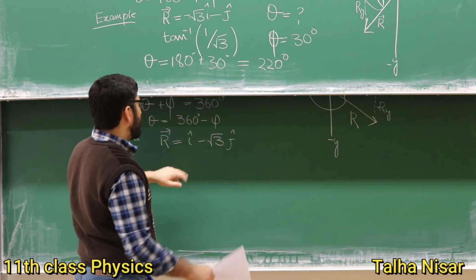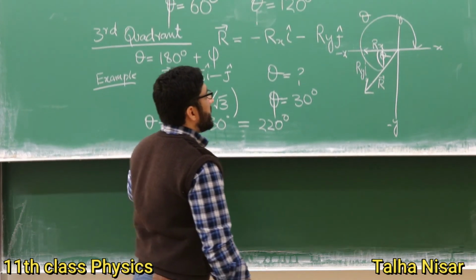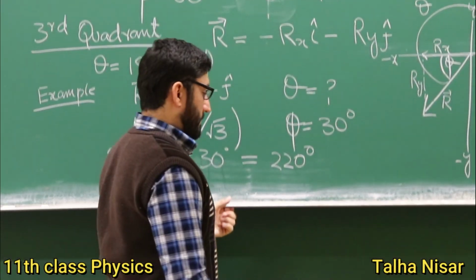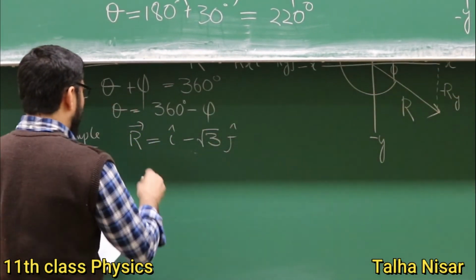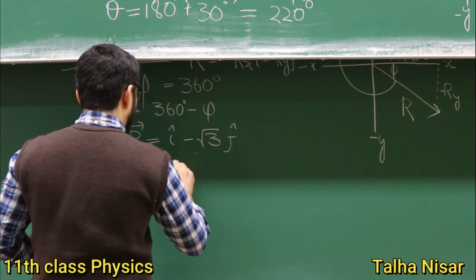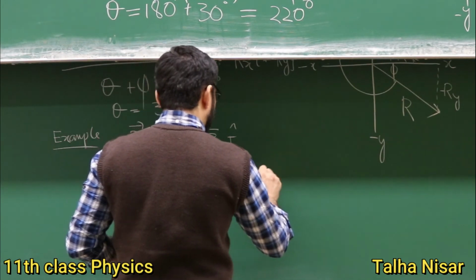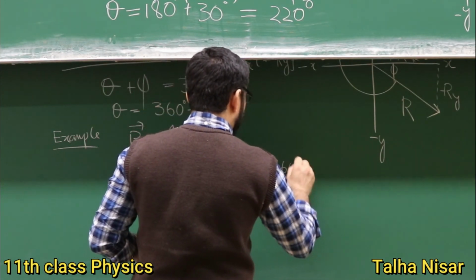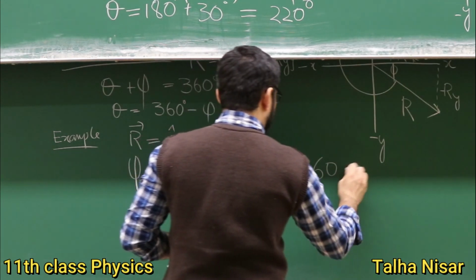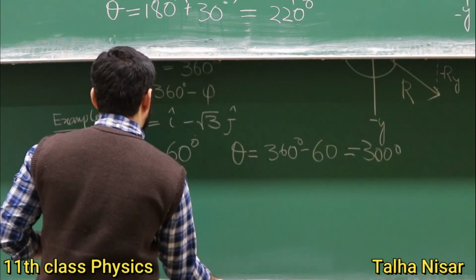If we put these values in this formula, we get that the angle here is 60 degrees. So phi is 60 degrees, and theta is 360 degrees minus 60, so it's 300 degrees.